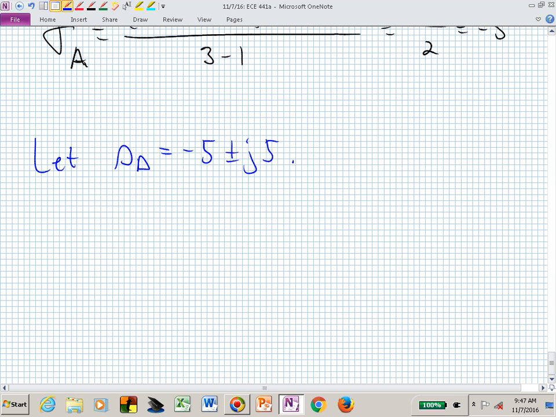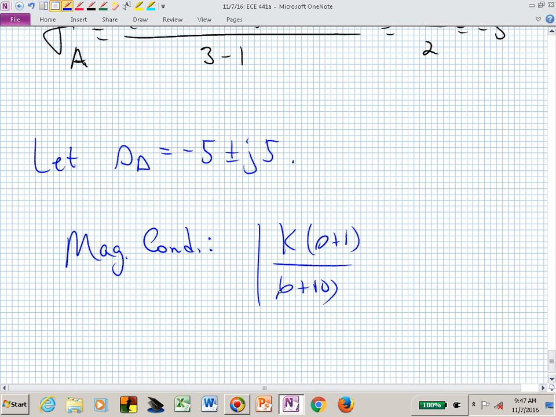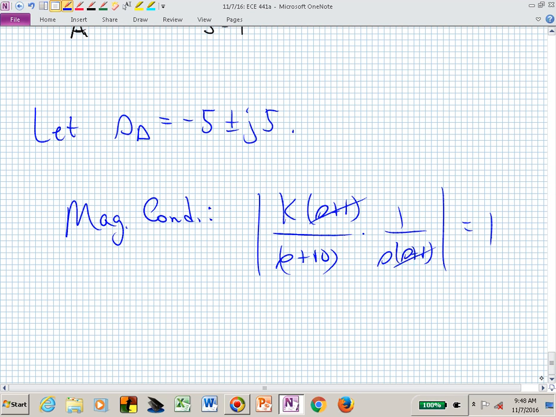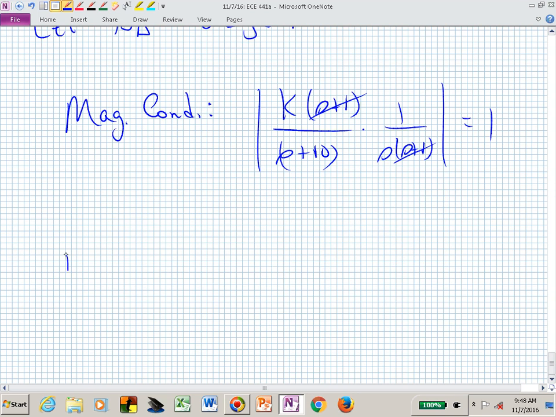And given that, we can use the magnitude condition to say now we have K, s plus 1, s plus 10 times 1 over s, s plus 1. I really don't need to be carrying those around, but I am, equaling 1. And now we have K equal to s, s plus 10, and we want to evaluate that at a new s delta.